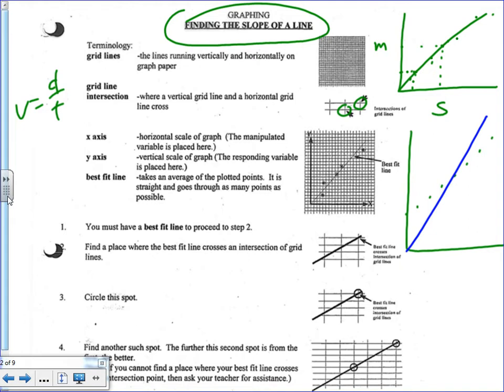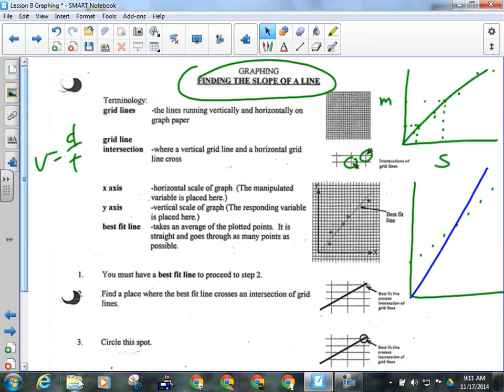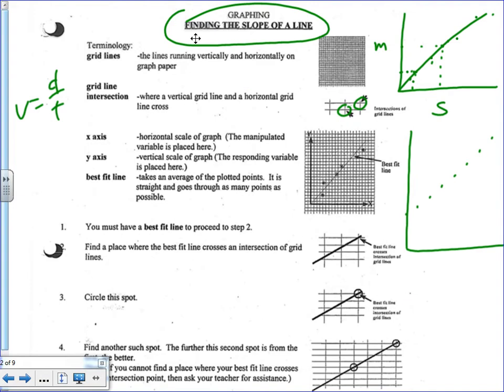Well, that doesn't follow the trend of my points at all. So I don't want that. What would follow the trend of my points would be a line that looks more like this. It didn't start at 0, 0, but it follows the trend of my points. Everybody with me there?